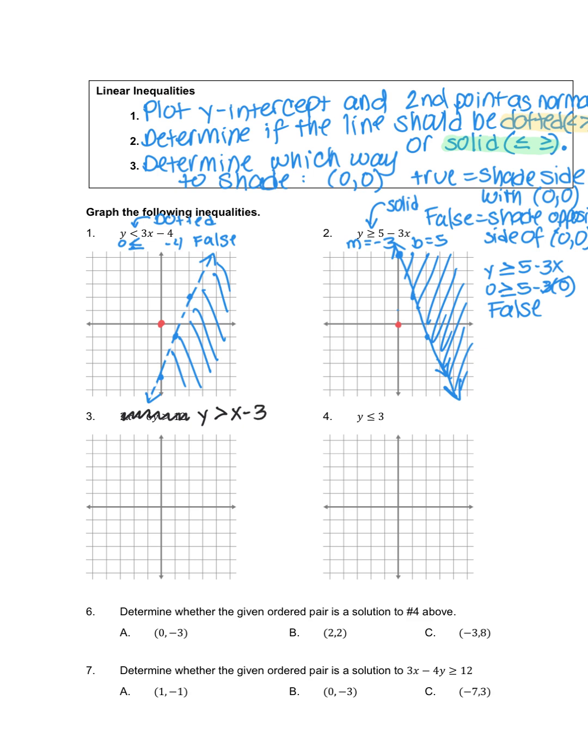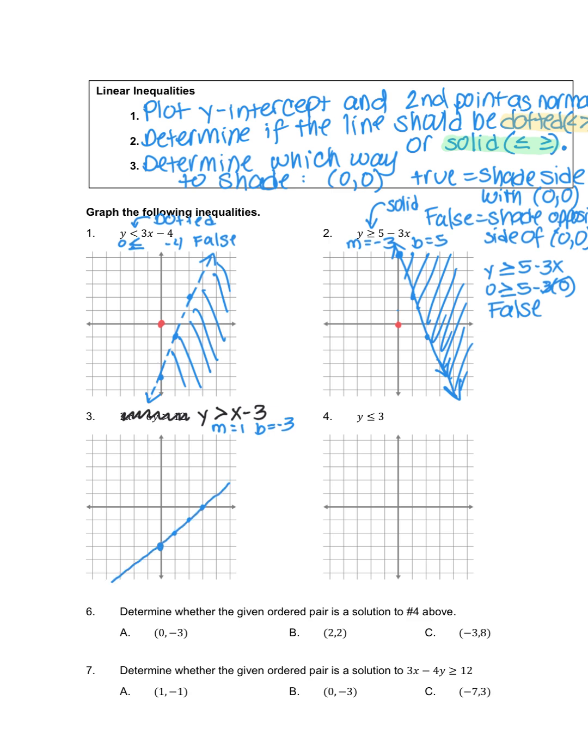What is our slope? Well, our slope here is 1, and our y-intercept is negative 3. So let's go to our y-intercept, negative 3, 1, 2, 3. And our slope is up 1 over 1, up 1 over 1. There we go. Do a line all the way through.